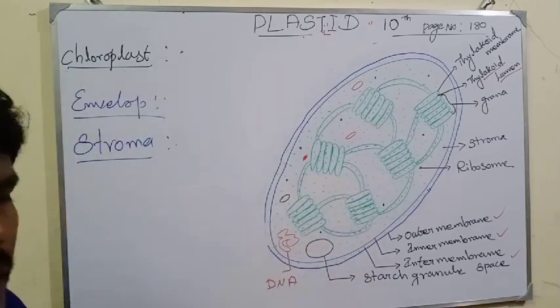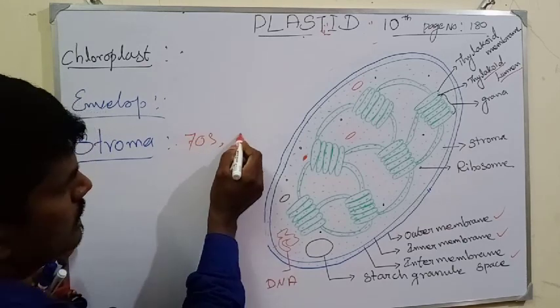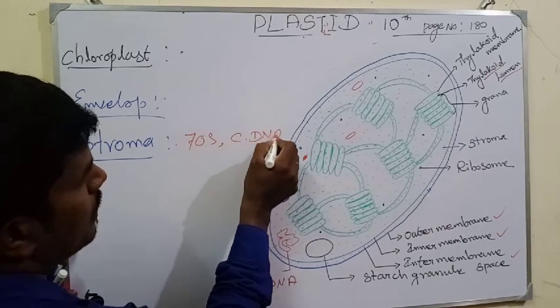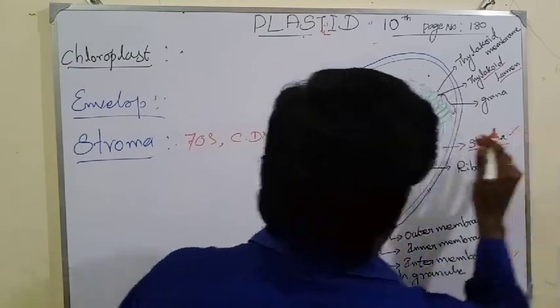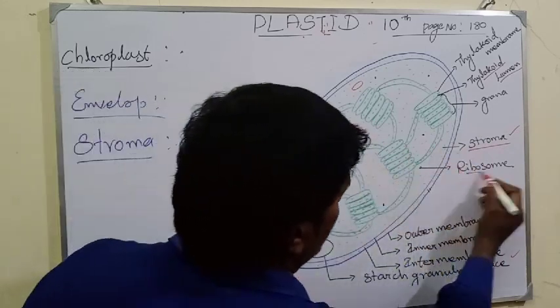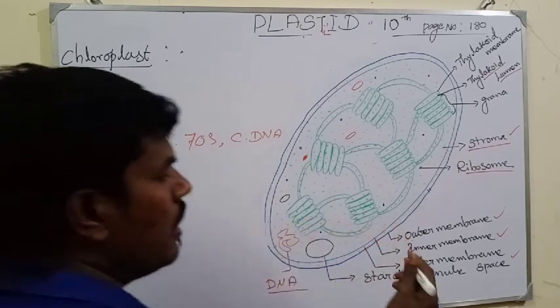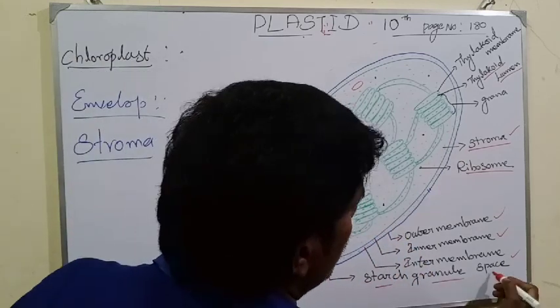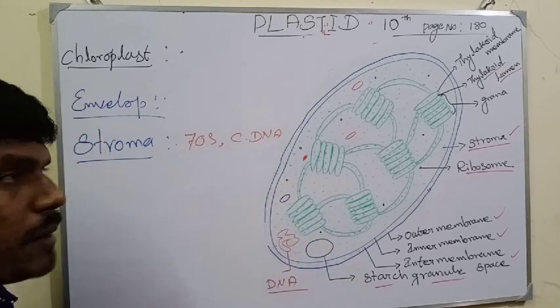It contains 70S ribosomes and circular DNA. This is the stroma. This stroma consists of ribosomes here, circular DNA here, and then starch granules, and then lipid drops.